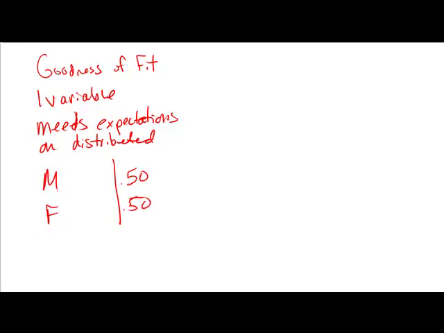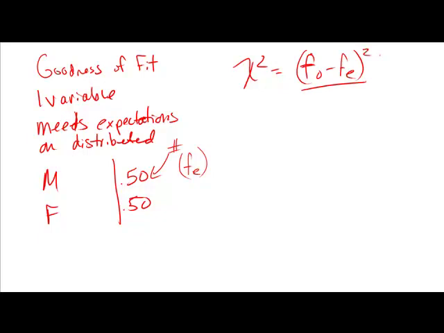Or if you have some research, you can actually change this number and use that when you calculate the frequency expected. Chi-square is frequency observed minus frequency expected, squared, divided by frequency expected, and you take the sum for all of your rows, I guess, in this instance.